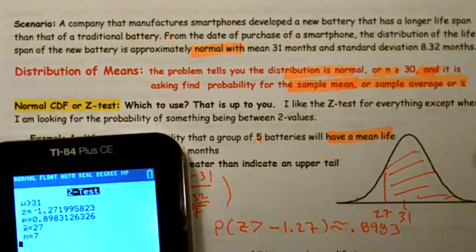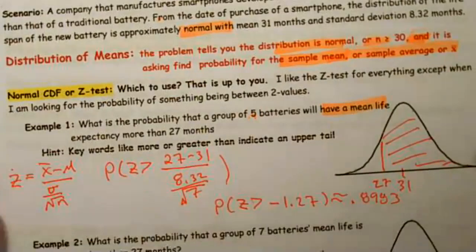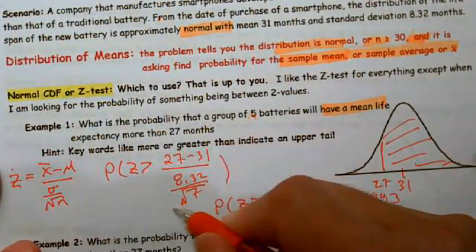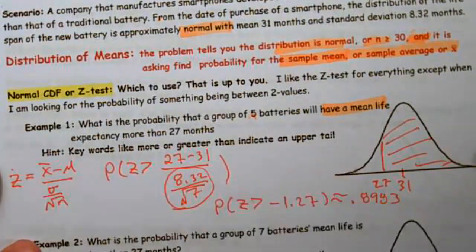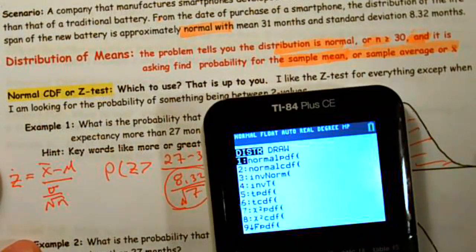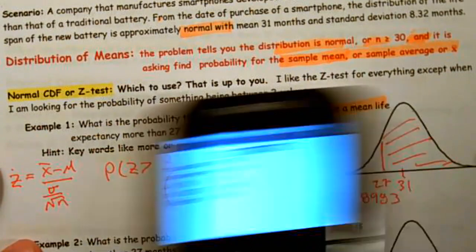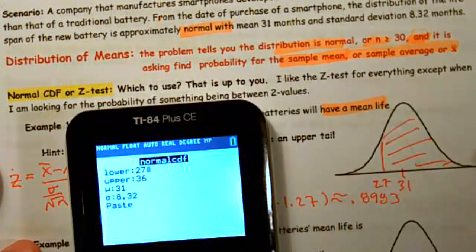Now, I'm going to also show you how to do this using the normal CDF. All right? With the normal CDF, please keep in mind that's my standard deviation. So, second vars, normal CDF, lower bound was 27, upper bound is infinity.